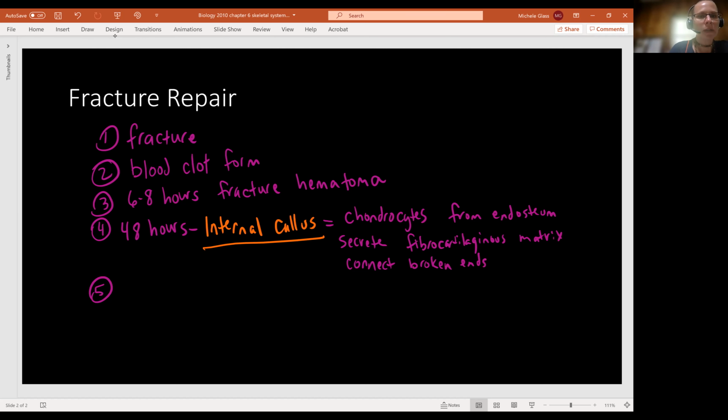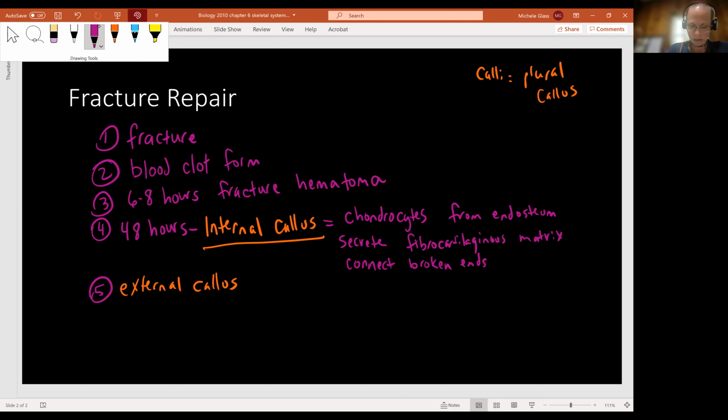Next, we see the formation of the external callus. And let me make a note up here that calli is the plural form of callus. So you'll see that coming up. And the external callus is external, so we should think about this as being on the outside of the bone.